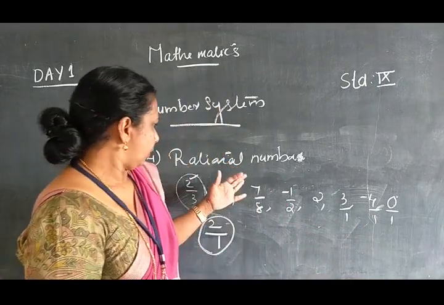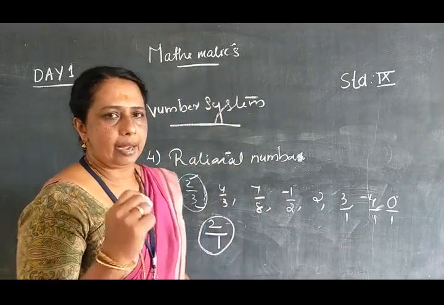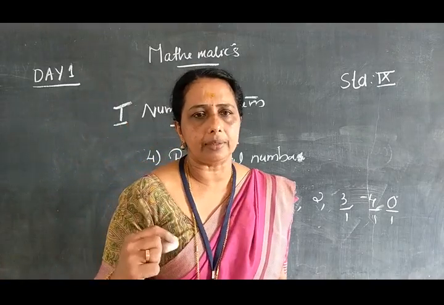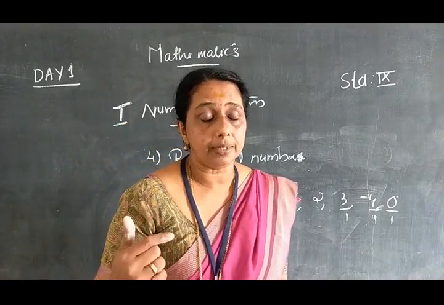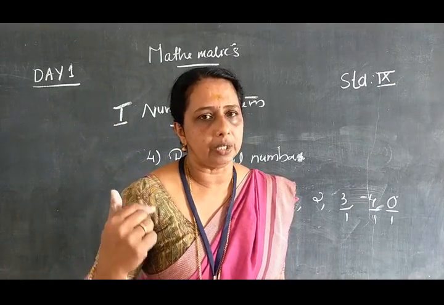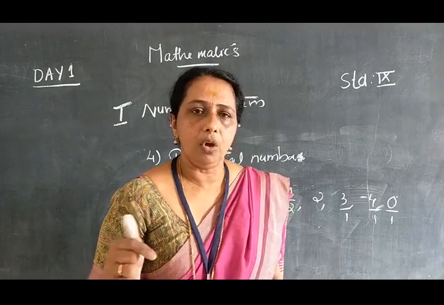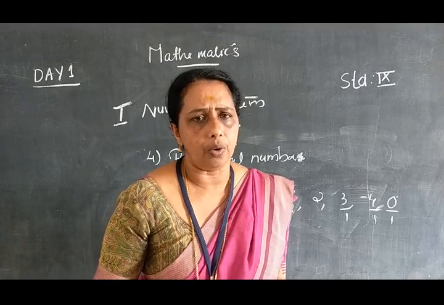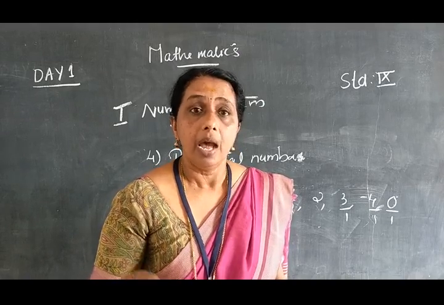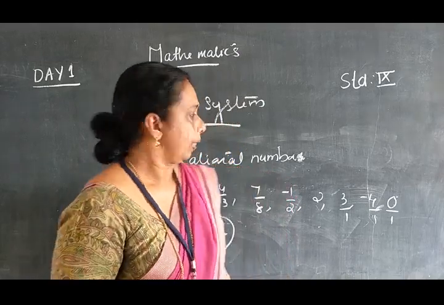Understood? One more time I will explain. A rational number is a number which can be written in the form P by Q. That means the number has a numerator and a denominator, and the denominator is not equal to 0. That type of number is called a rational number.